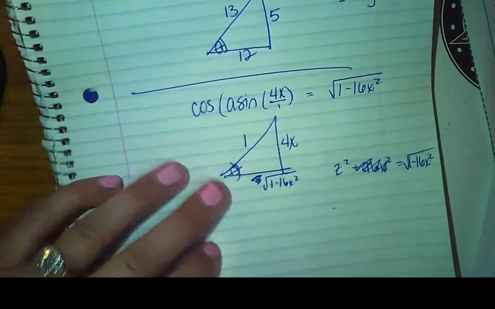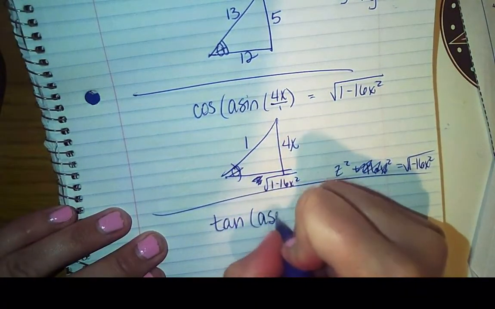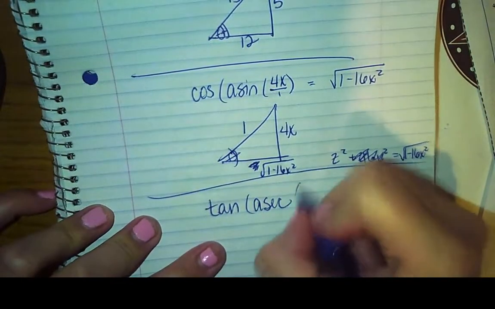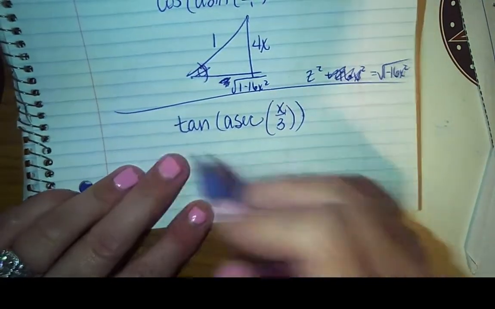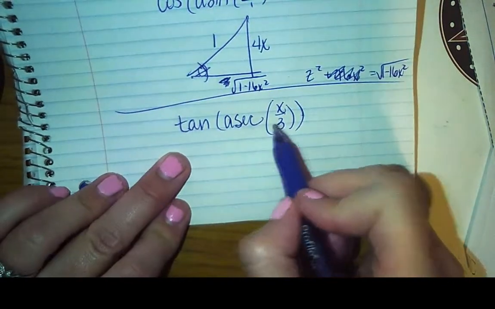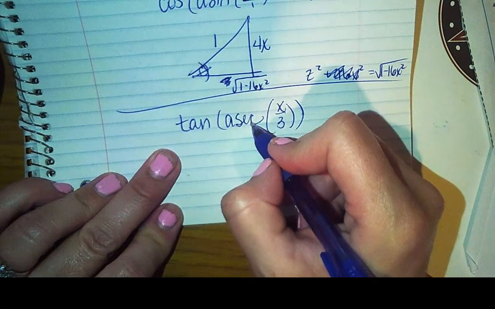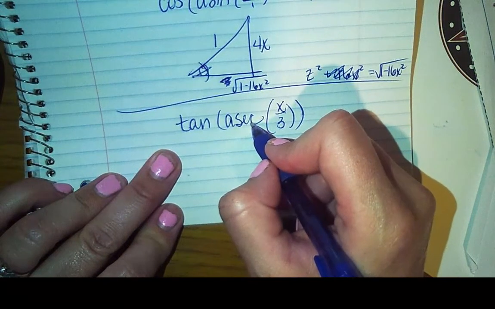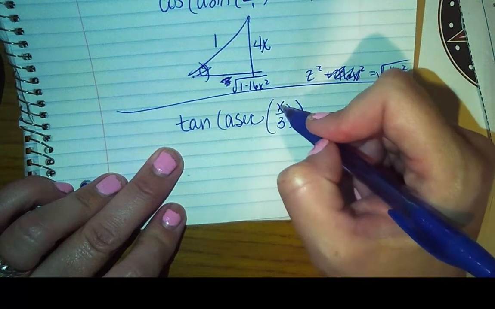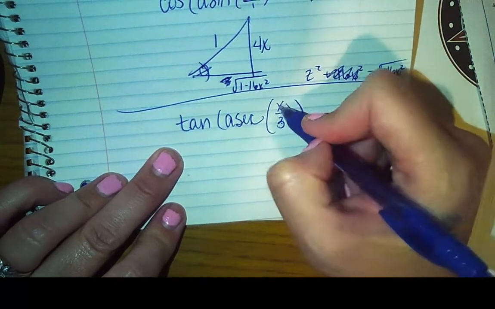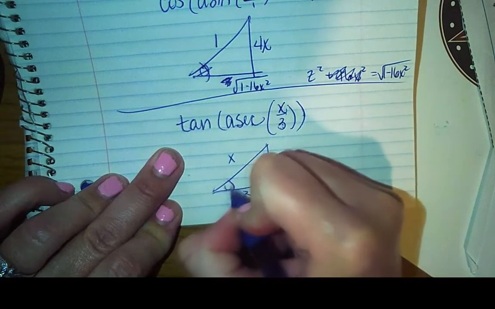All right, the next one says I've got the tangent of the arc secant of x over 3. Sorry, my handwriting's getting messier. I'm trying to hurry so I don't have to have 2 videos. Do I know what the ratio for secant is? The ratio for secant is the reciprocal of cosine, which means this is not adjacent over hypotenuse. This is hypotenuse over adjacent. So I have hypotenuse x and adjacent 3.